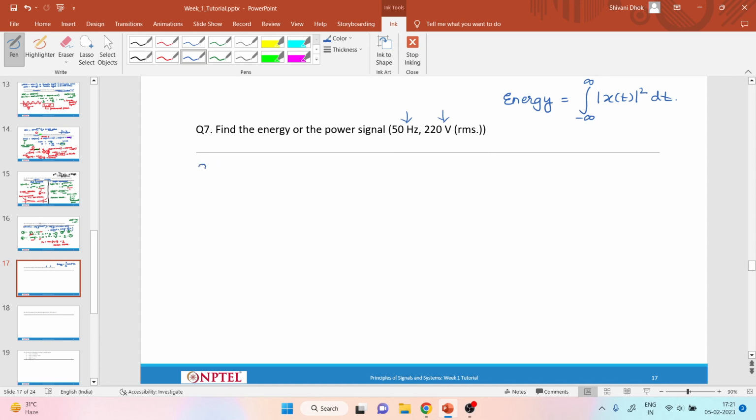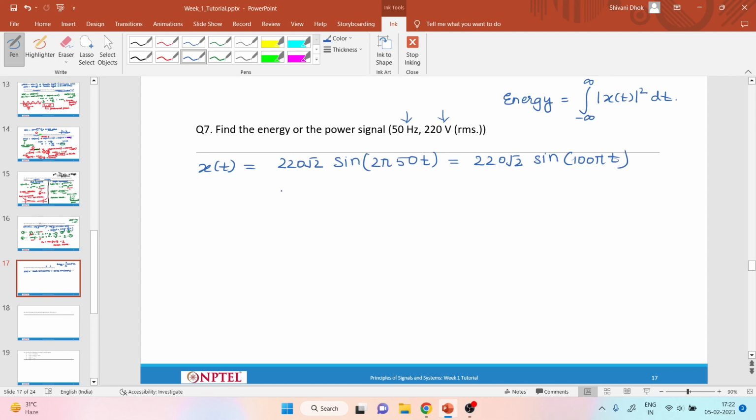In this question, what is your x of t? Your x of t is 220 into root 2, since we have this as RMS value, then sine 2 pi, its frequency is 50 t, and let's ignore the phase. Let's consider we are having a non-zero phase. So let's say we are having 220 root 2 sine of 100 pi t, and we need to find the energy of this signal.